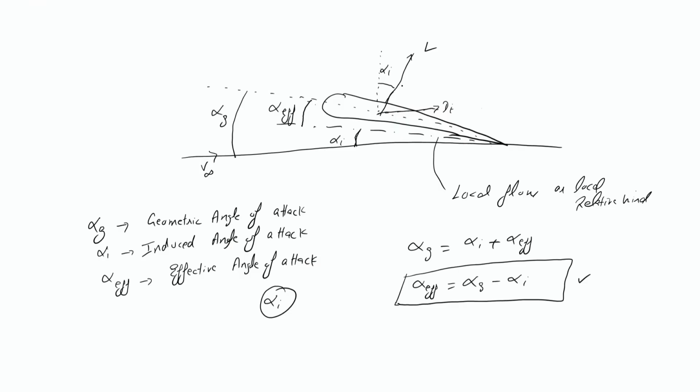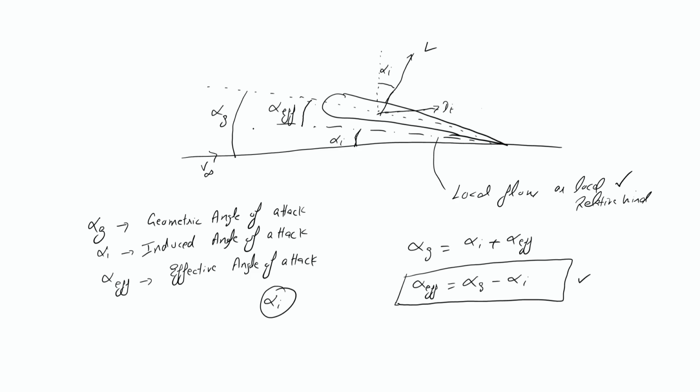Now let us quickly go back to the figure that we drew in the previous lecture. Here the lift vector is now inclined towards the local relative flow, but not to the free stream velocity.